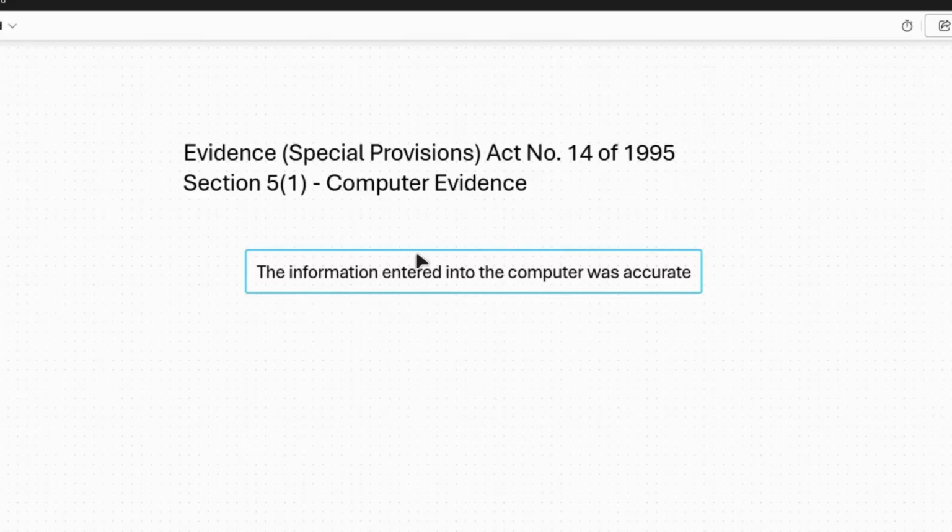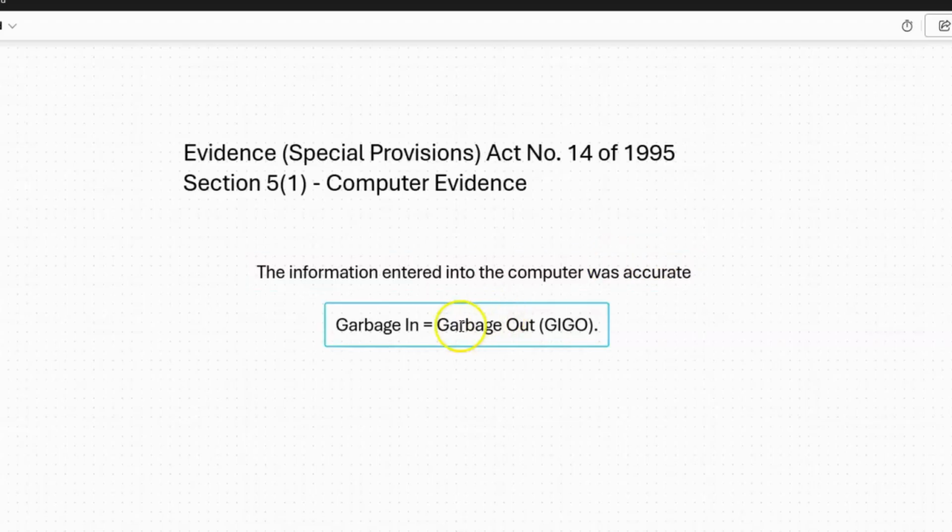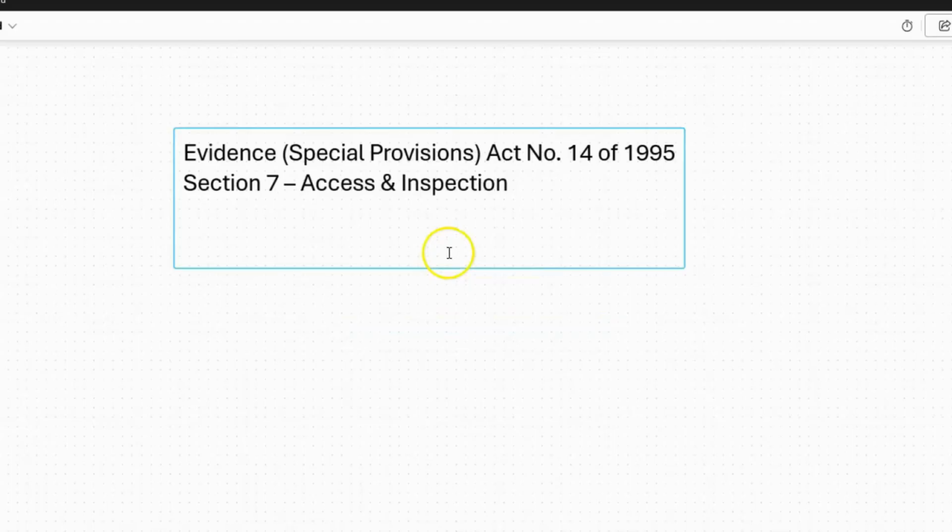Remember, a computer only processes the data it receives, and remember this, if incorrect data is entered, the computer will produce incorrect results.